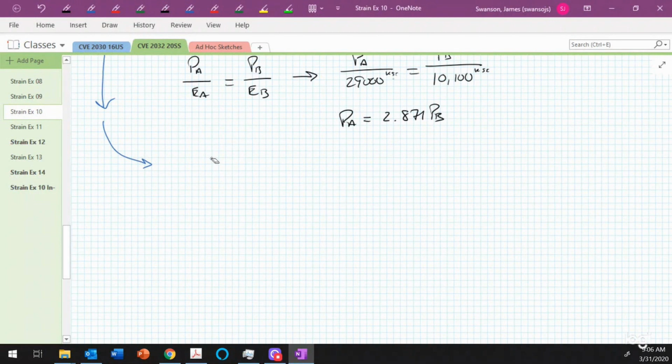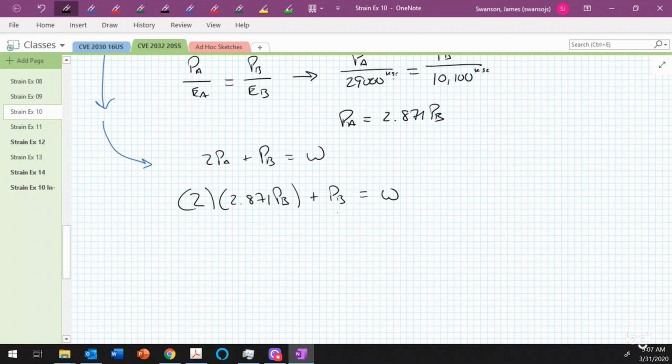So we substitute in here, and we get that 2 times P_A plus P_B is equal to W. So then we could say that's equal to 2 times 2.871 times P_B plus P_B is equal to W. Or, let me see, 2.871 times 2 plus 1 gives me 6.742 times P_B is equal to W. Or finally, we could write that P_B is equal to W, 420 kips now, divided by 6.742. And we get P_B equal to 62.70 kips.